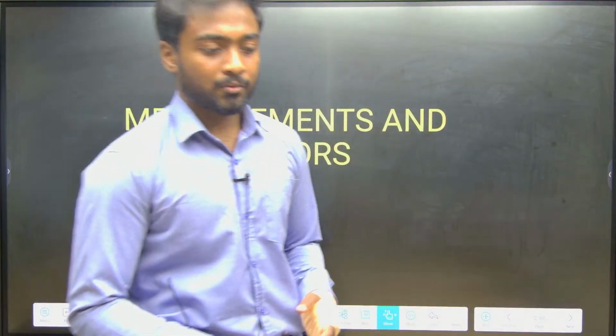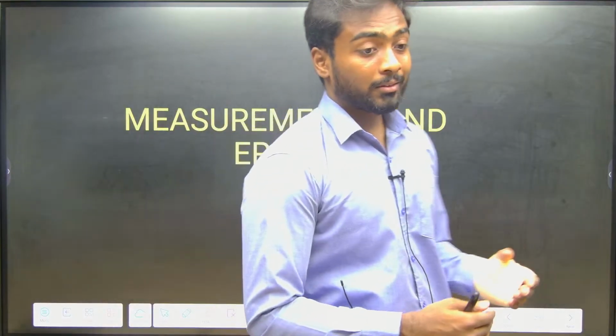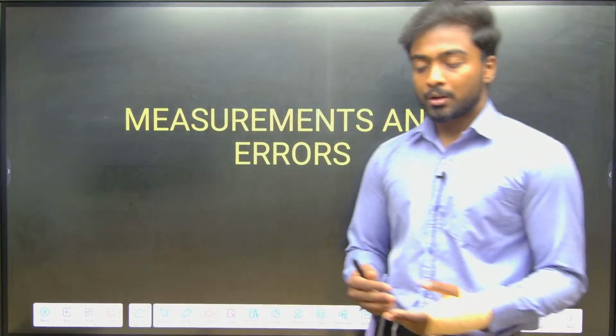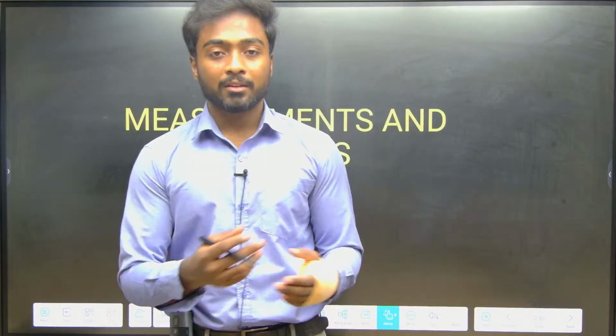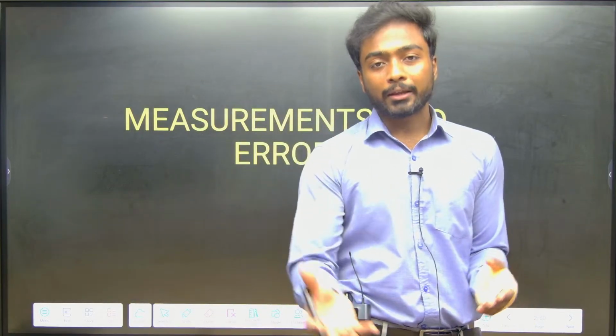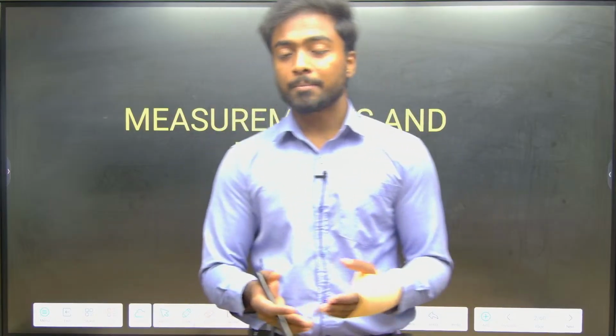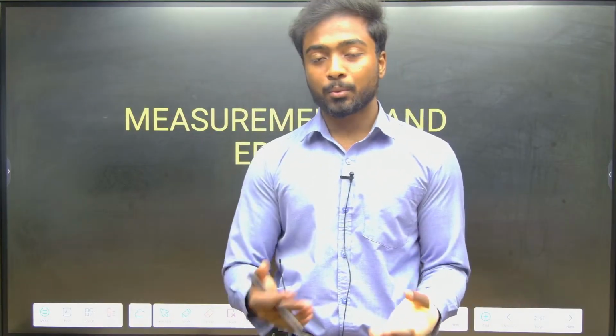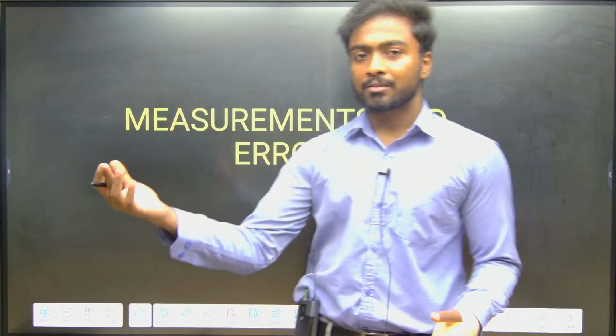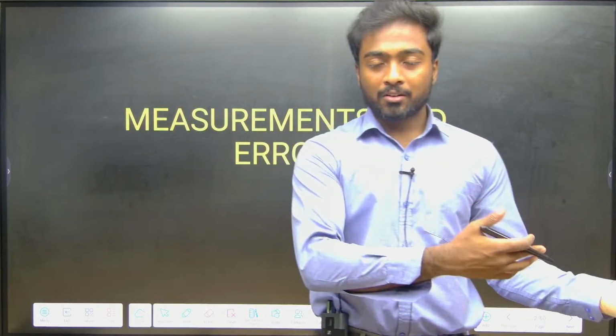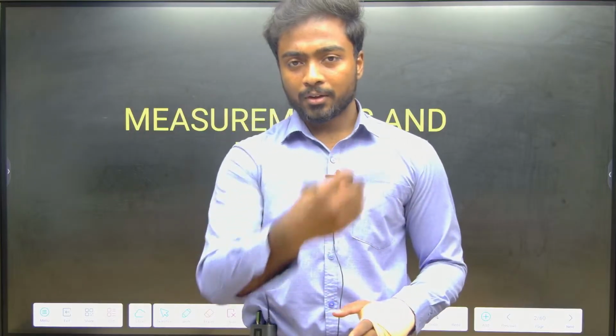In the last class we were talking about what the least count is, what a significant figure is, how to find the significant figure, how to find the accuracy, and the relation between accuracy and significant figures. If accuracy increases, it directly depends on the significant figures. Because the significant figures increase, accuracy has increased. If the significant figures are reduced, the accuracy also will be reduced.